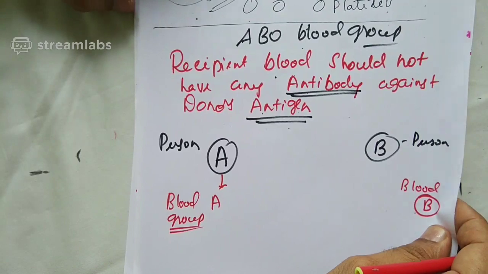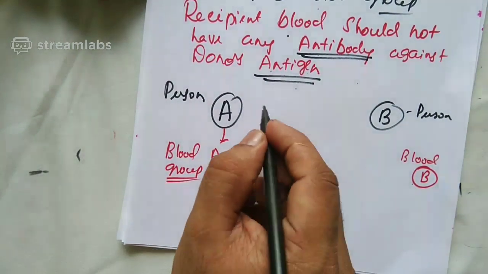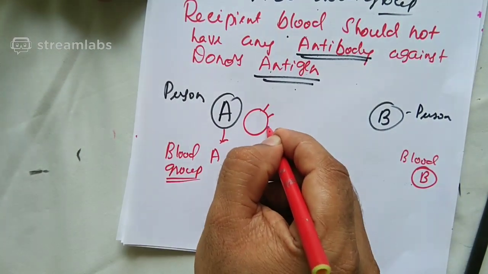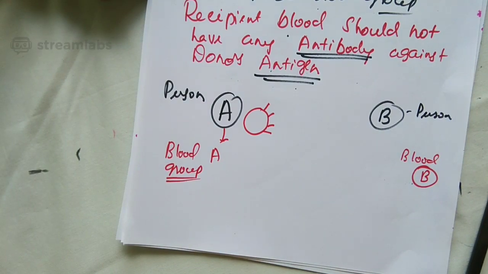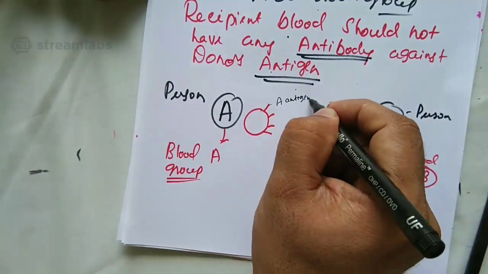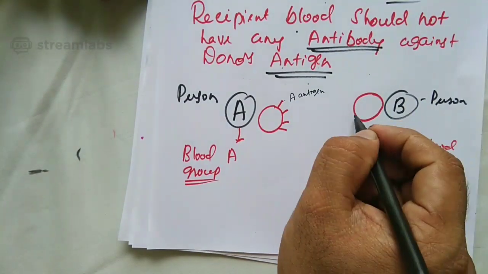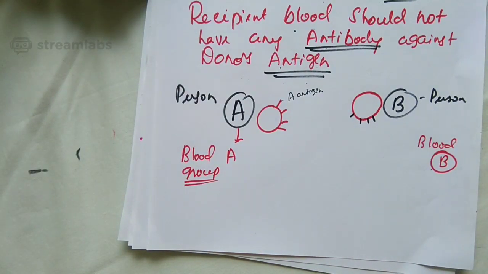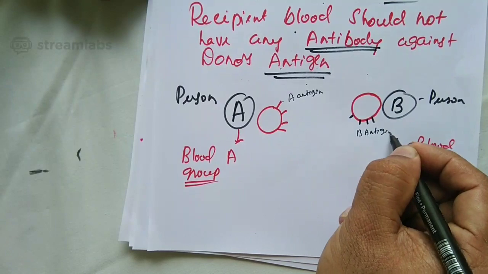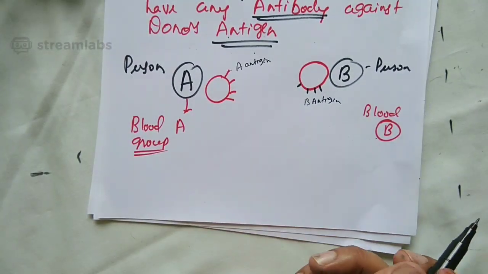So two people are there. Person A's RBC has an antigen, which is a chain of sugars, and this antigen is called what antigen? A antigen. And person B's RBC has which antigen, you tell me? It's a B antigen. Agree with me? So person A has an A antigen, person B has a B antigen.